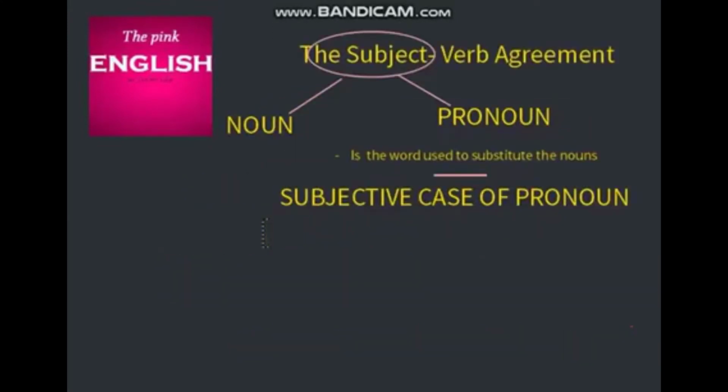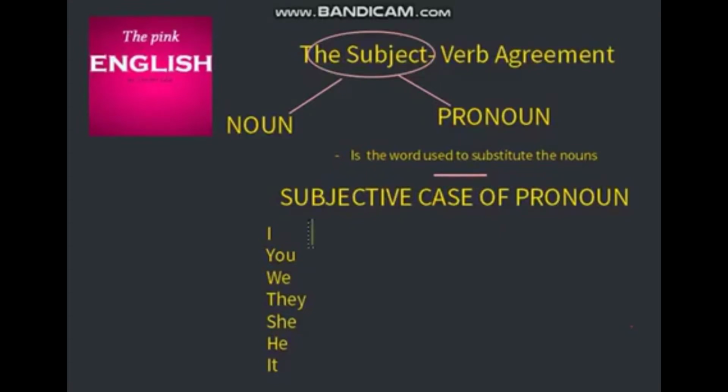Well, these are the pronouns I, you, we, they, she, he, and it. All of these pronouns are used as subjects in sentences. So how do we know if these pronouns are singular or plural?